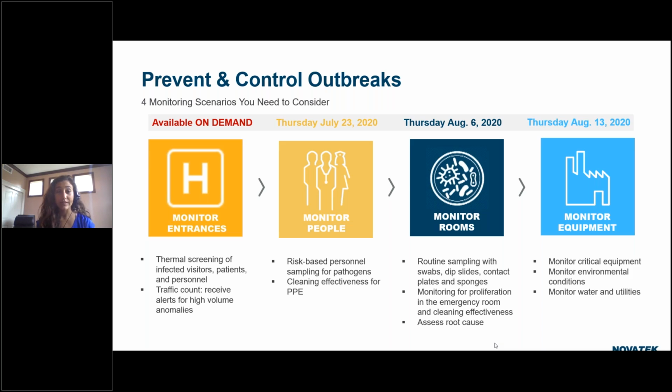So today, actually, we're going to look through how DCH monitors people and what information it gives you there, both for the cleaning effectiveness of PPEs as well as just gowning procedures.